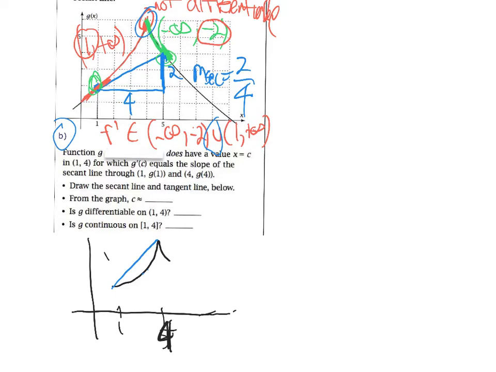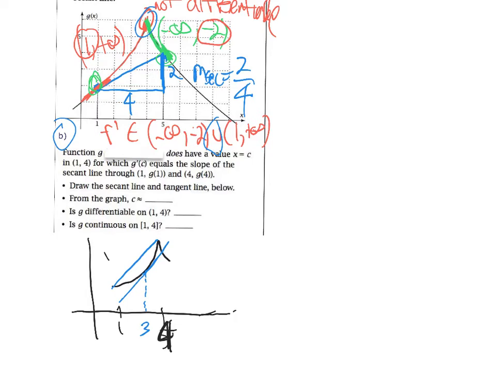I've got a secant from 1 to 4, and if I draw a tangent with the same slope, it's going to be right about there. So something around x equals 3.